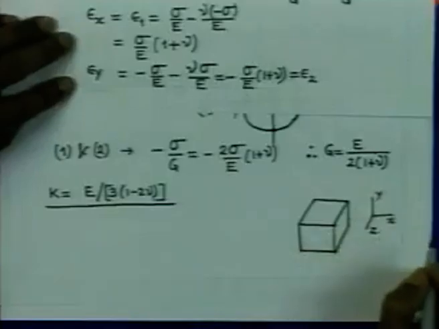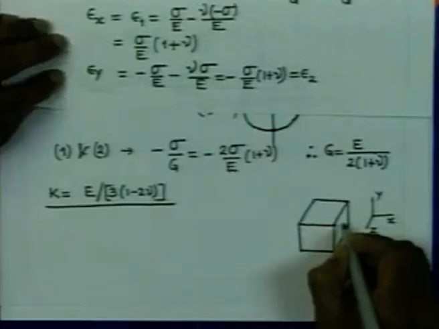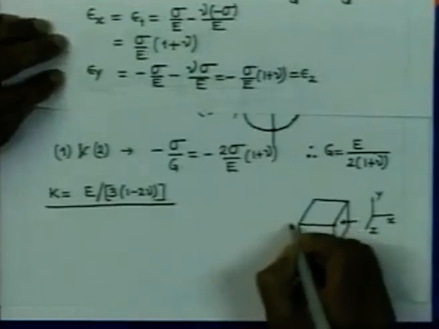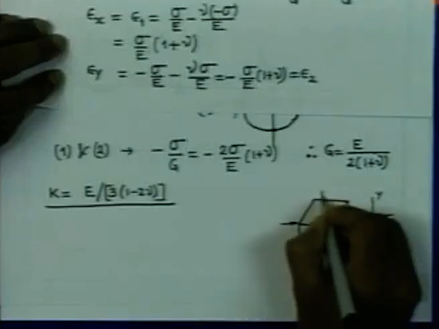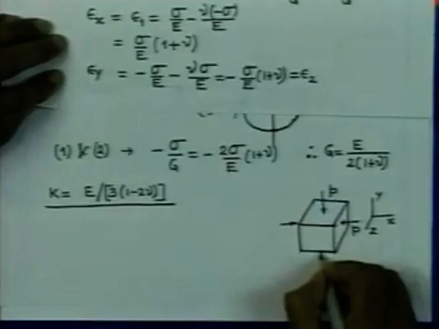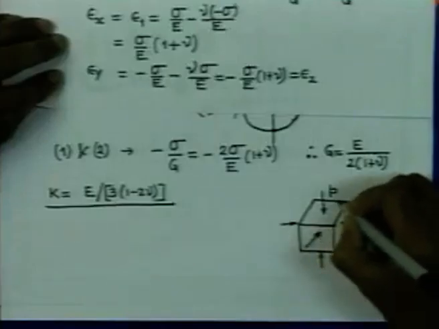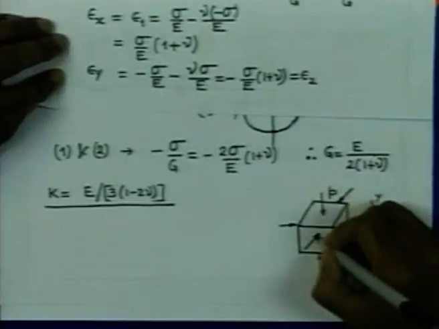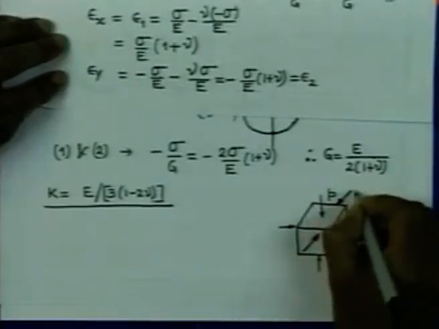and z. Now, let us consider that this unit cube is subjected to hydrostatic pressure, and therefore, we have stress, let us say, in the x direction it is P, so also in the y direction it is P, and in the z direction also we have the same pressure.